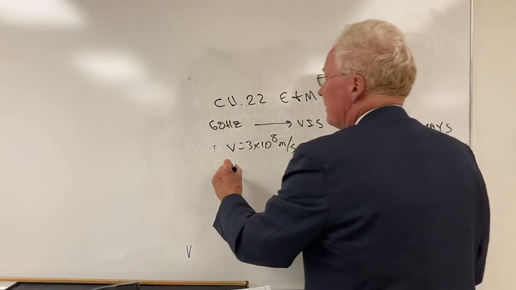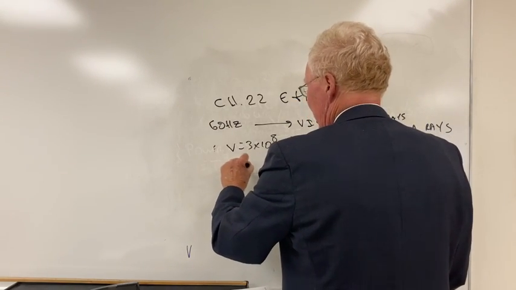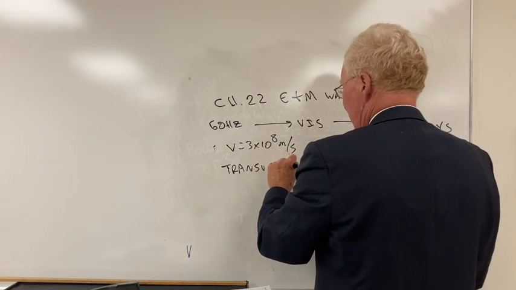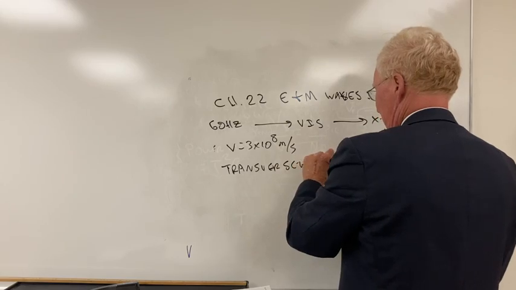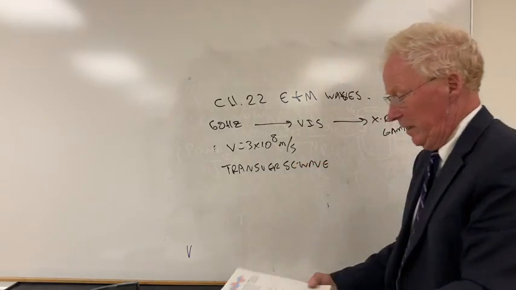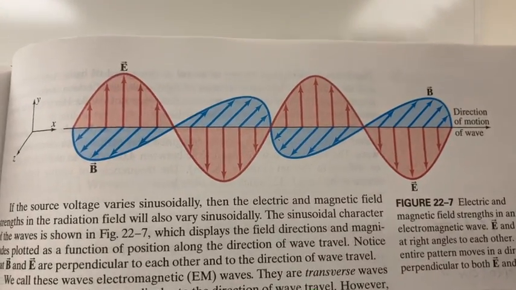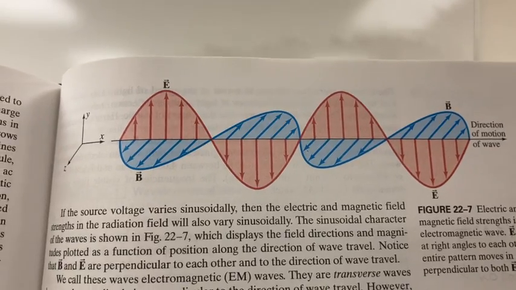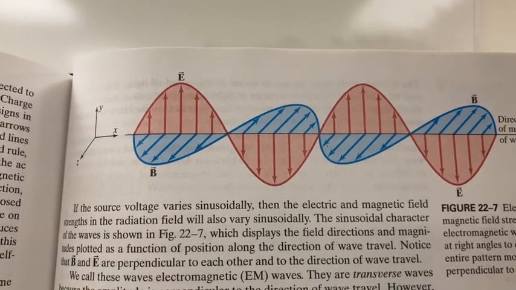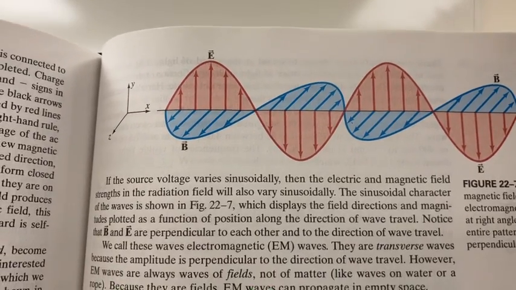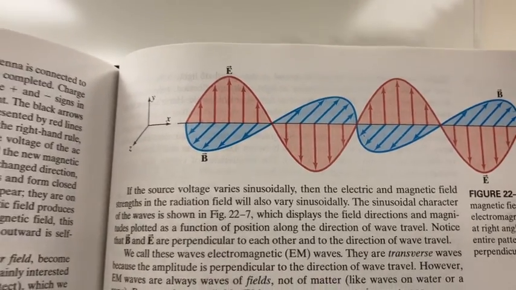Light is a transverse wave, as we mentioned, so it is perpendicular to the propagation, and it is composed of an electric field propagating in one direction and a perpendicular magnetic field.